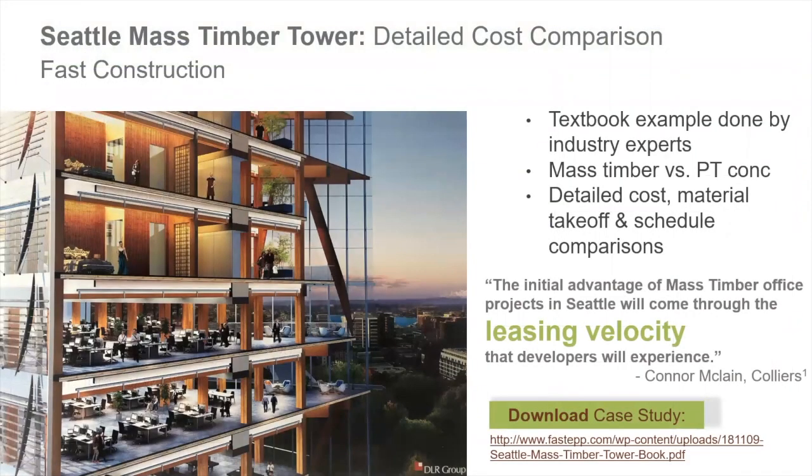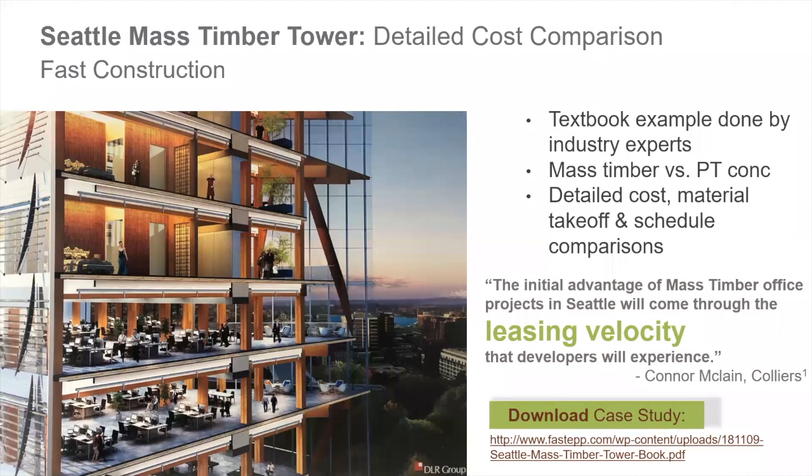So let's take a look at the Seattle Mass Timber Tower. This is a case study report for developers interested in mass timber, and it provides a direct design and construction cost comparison between a mass timber structure and a baseline post-tension cast-in-place concrete structural system for a 12-story hypothetical mixed-use building in downtown Seattle.